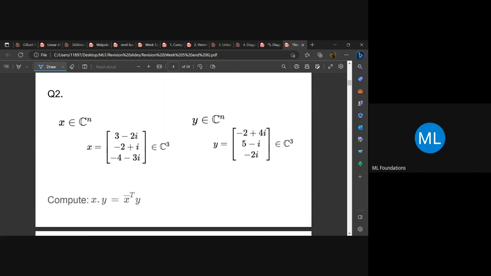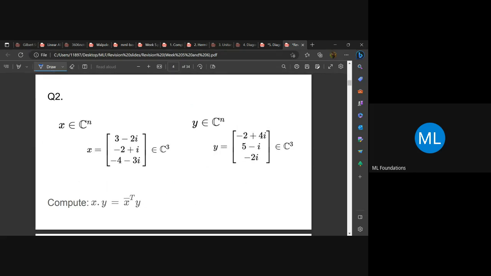Let's do the second one. When you are in real vector space, the dot product is just the element-wise multiplication. But in the complex vector space, that is not the case.